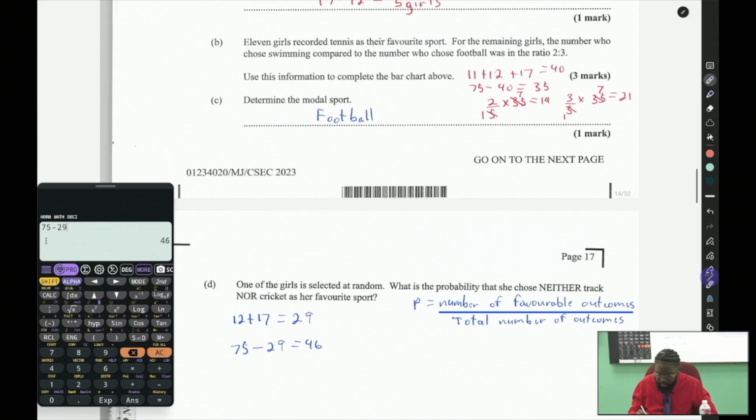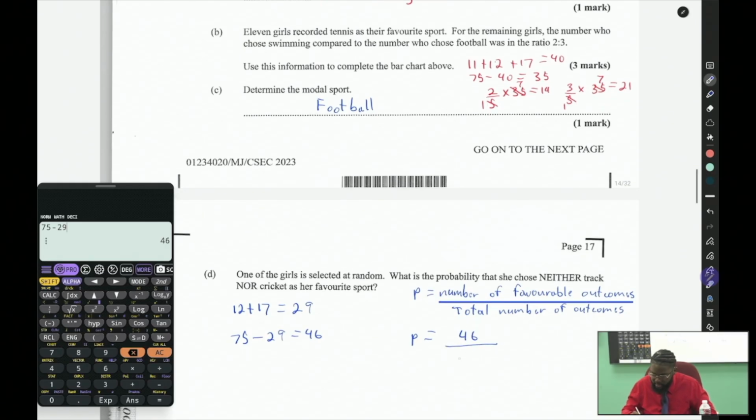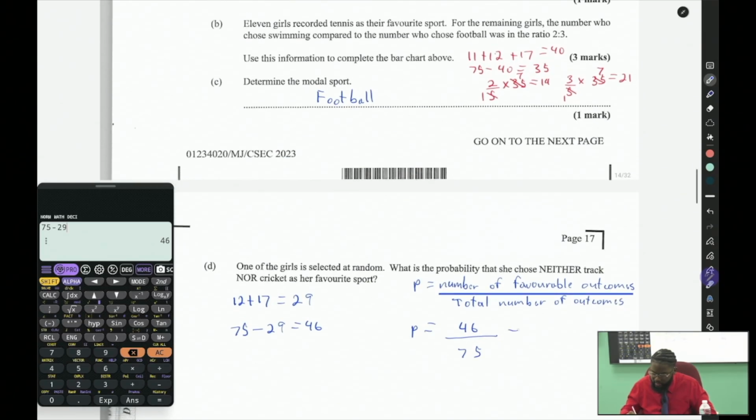So our number of favorable outcomes is going to be 46, and the total number of outcomes will be 75. And if we simplify this, well, it can't be simplified.